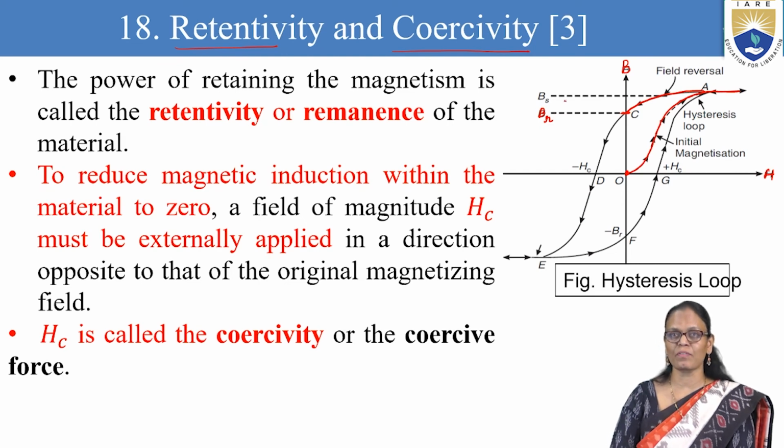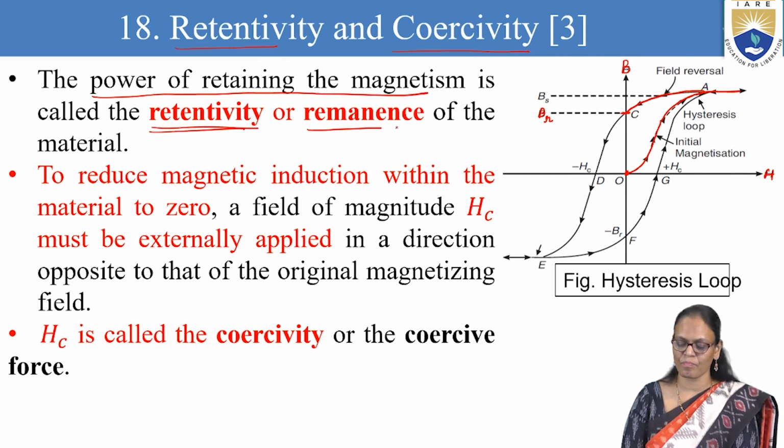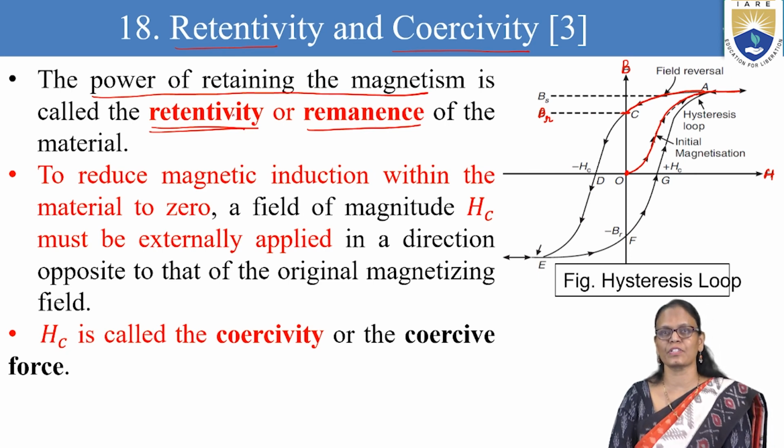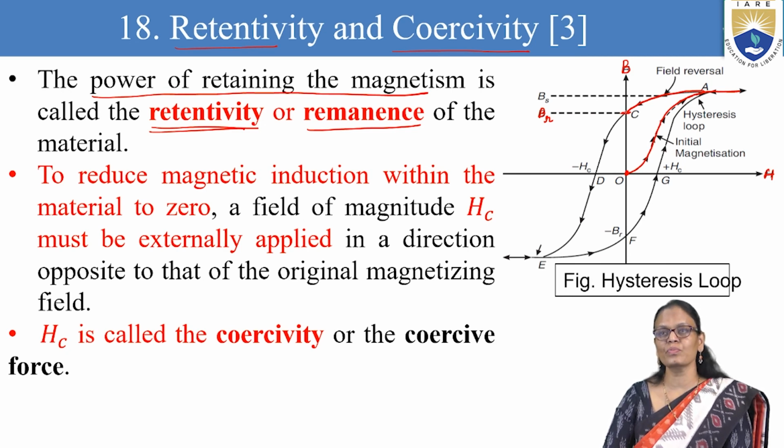This power of retaining the magnetism, we call retentivity or remanence. Remanence or retentivity, both mean the same. Now, in order to remove this residual magnetism, we apply a negative field, minus H. So we trace the curve along CD.